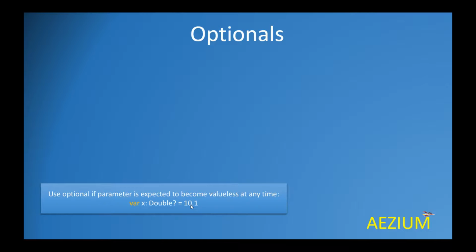But the important thing is that we should use a variable or a parameter of an optional data type if we can foresee that at any time in the future our variable becomes valueless.